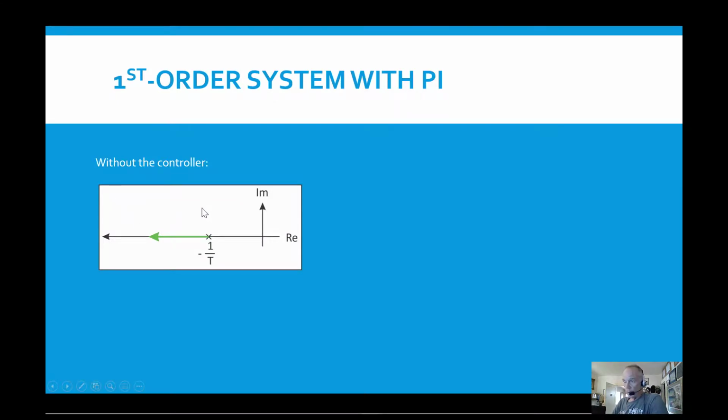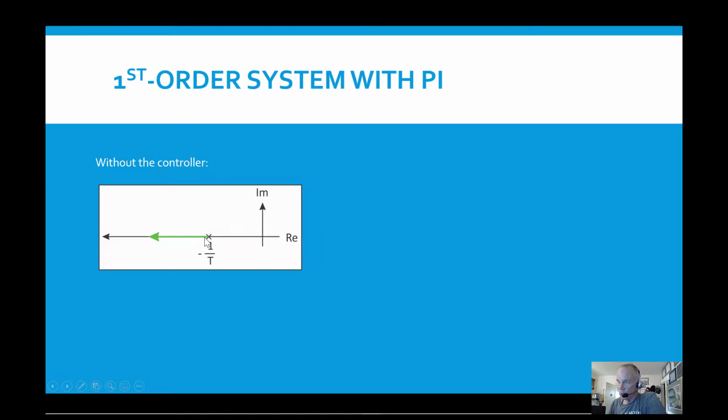So before, if we had the first order system that I showed as the actuator plus the gain, we had an open loop pole at -1 over T. And if you put a P-only controller in it, the root locus looks like this for that system.